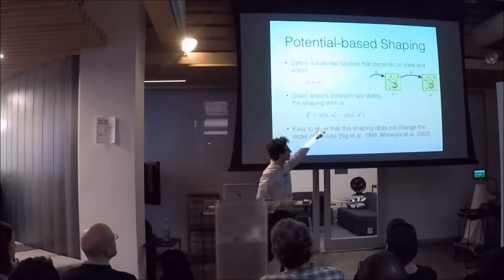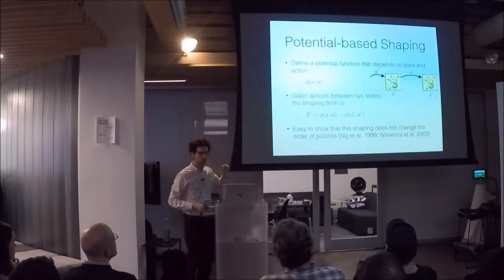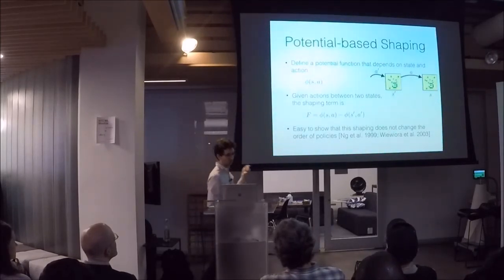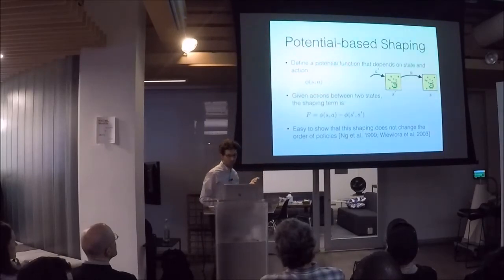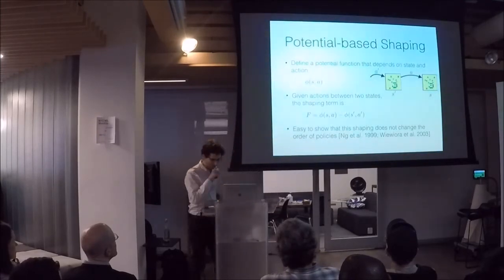So these terms are going to cancel each other, and in practice you will see no difference in the order of policies. So you're not changing the problem. You're still learning a policy that is optimal under the original reward of the problem. And if you're interested, these are the papers that actually prove it formally.